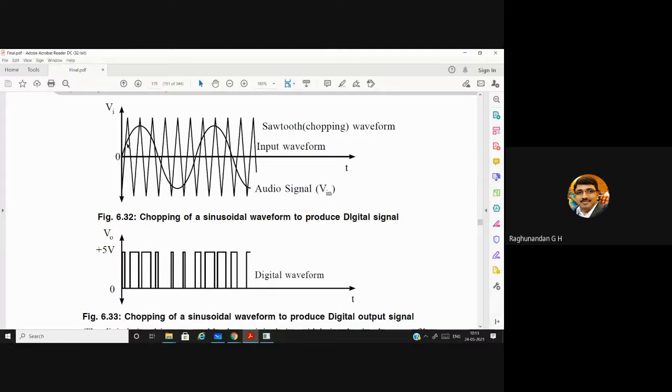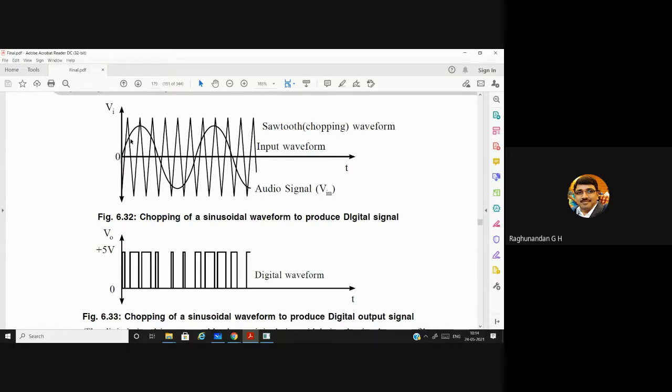So during the time where the sawtooth is greater than the input sinusoidal signal, the output pulse goes to 0.